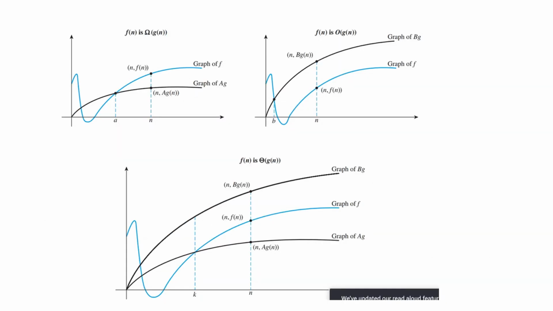And here are some graphs that you may want to pause and realize that this is talking about the growth of these functions as n gets large. And so here's an example of being omega g of n, here's big O of g of n, and here's being theta, or the order of g of n, caught in between the two.